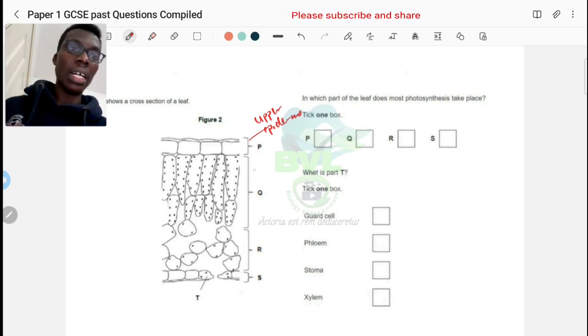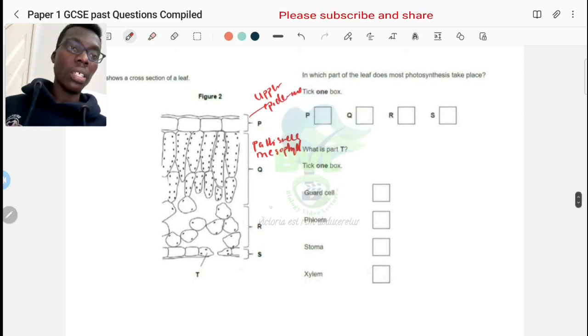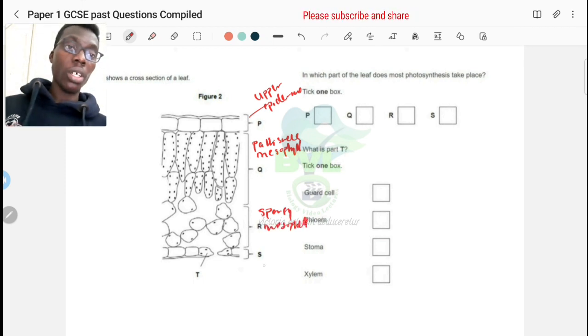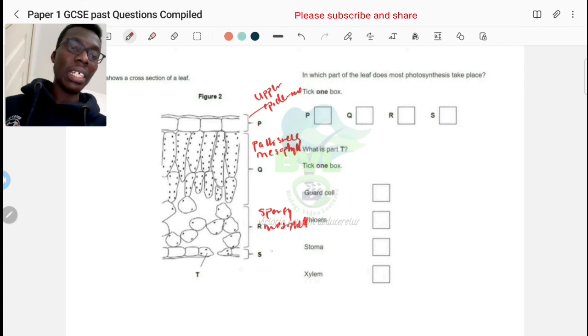Q is, excuse me, not spongy, palisade mesophyll. R is spongy mesophyll, while S would be the lower epidermis.